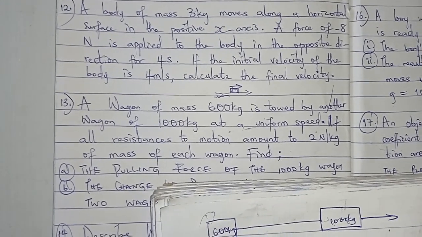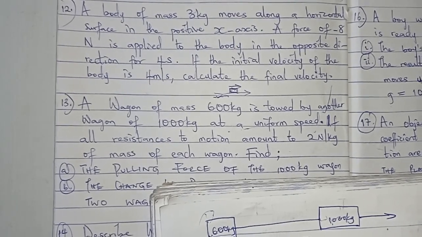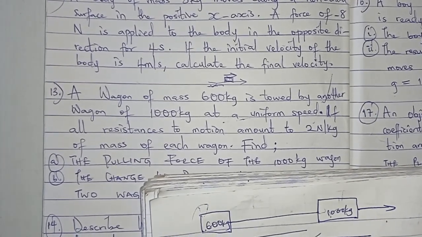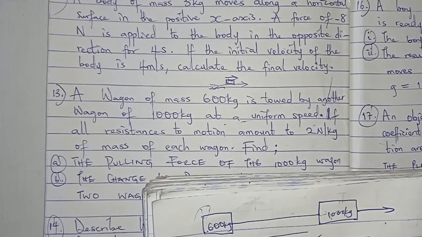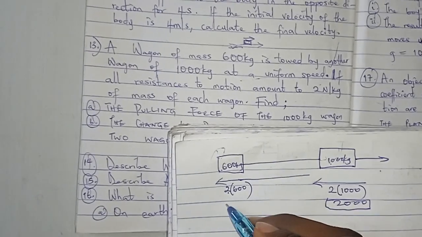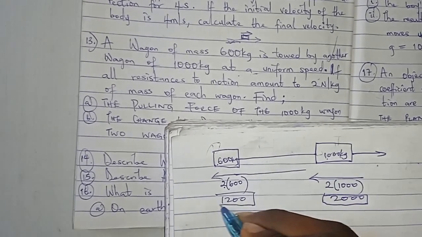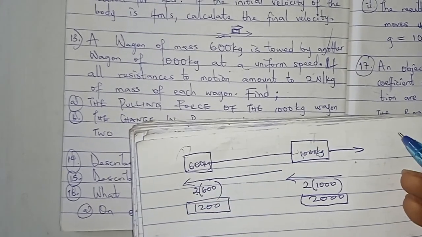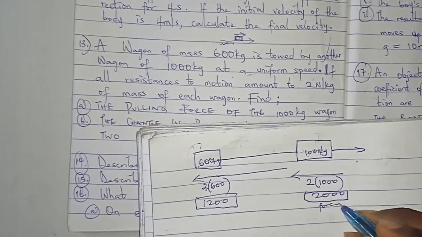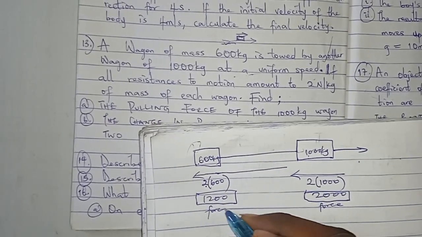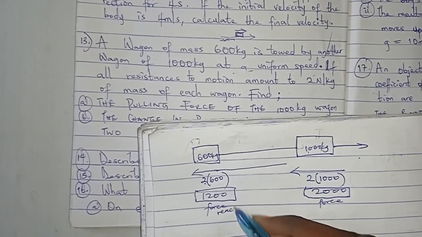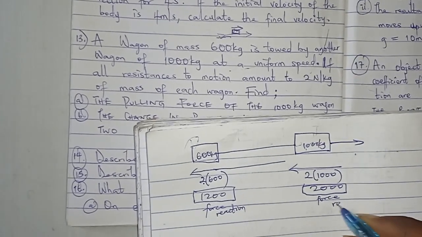For every mass, it experiences 2 Newton per kg. So 2 times 600. Reaction force.